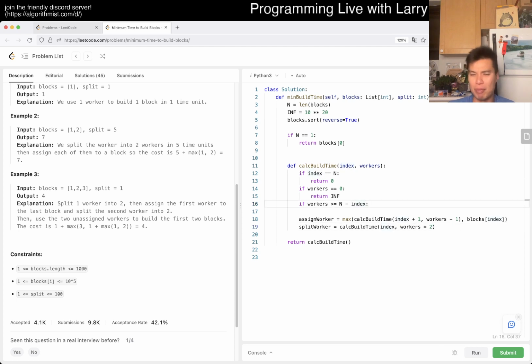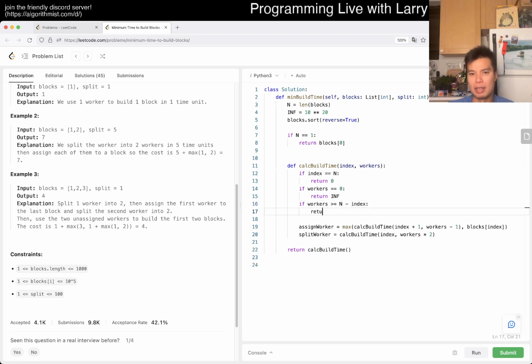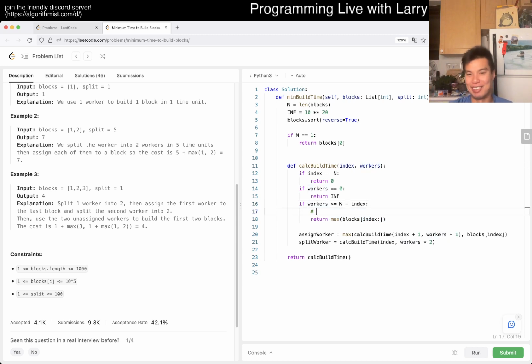I have to make sure I'm careful about off by 1, but then it just becomes max of blocks sub index. This is O of n. We have to be careful, but for now I'm worried about correctness and not the timeout. So please remember to fix it. No, I'm talking to myself. Reminder to fix me, I guess.